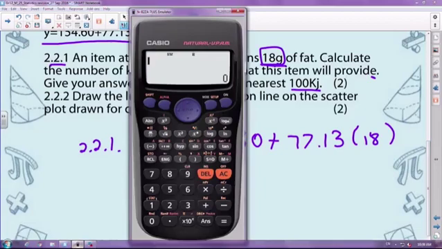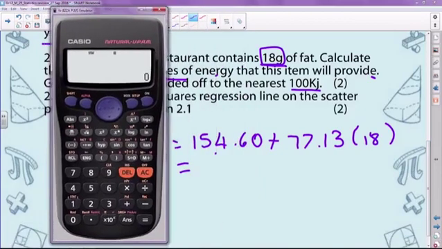So we're going to go 154.6 plus 77,13 times by 18, and that gives us 1,542 kilojoules.